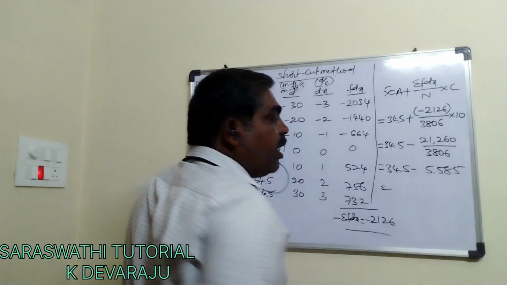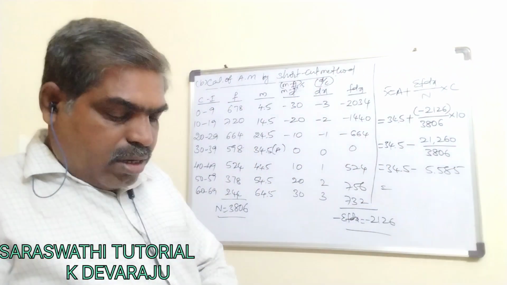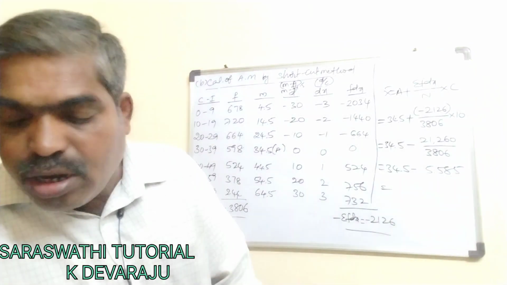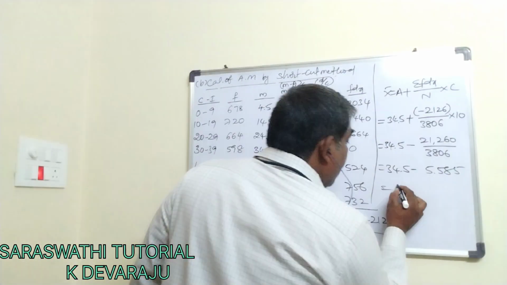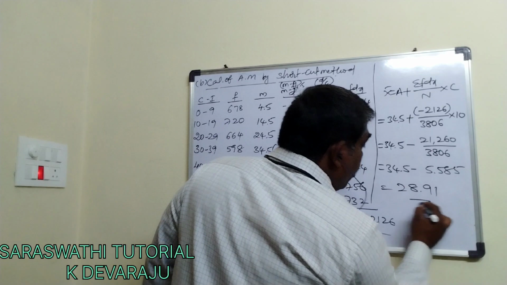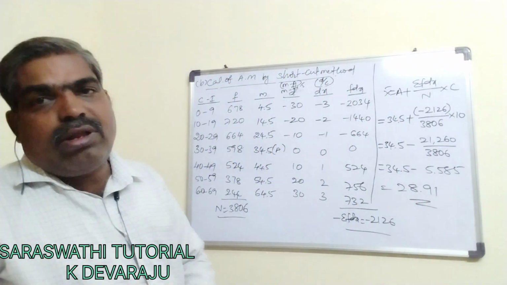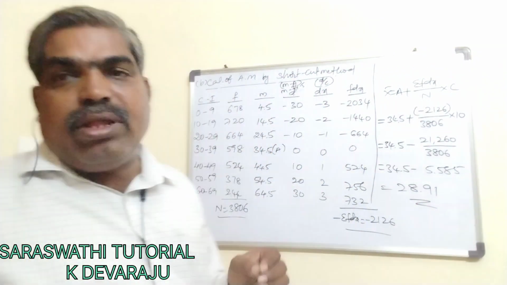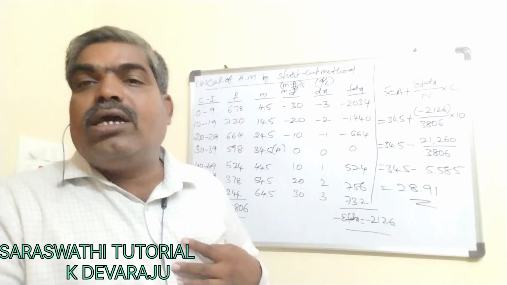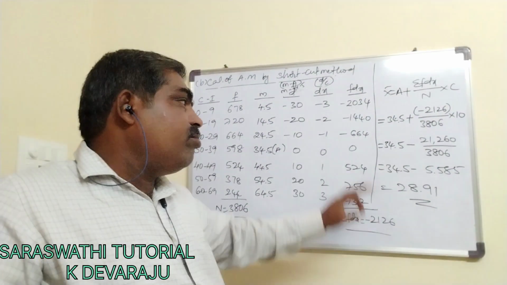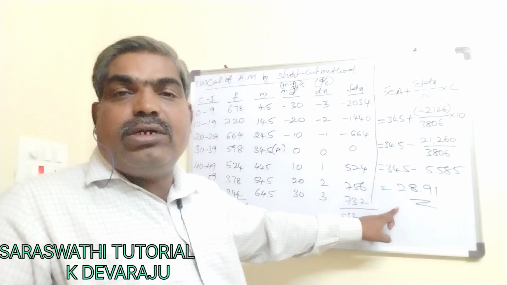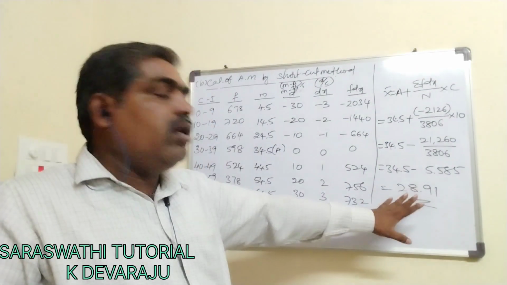We subtract that from 34.5, so you got 28.91. Whatever average we are calculating by the three methods, direct method, shortcut method and step deviation method, we must get the same answer in all three.